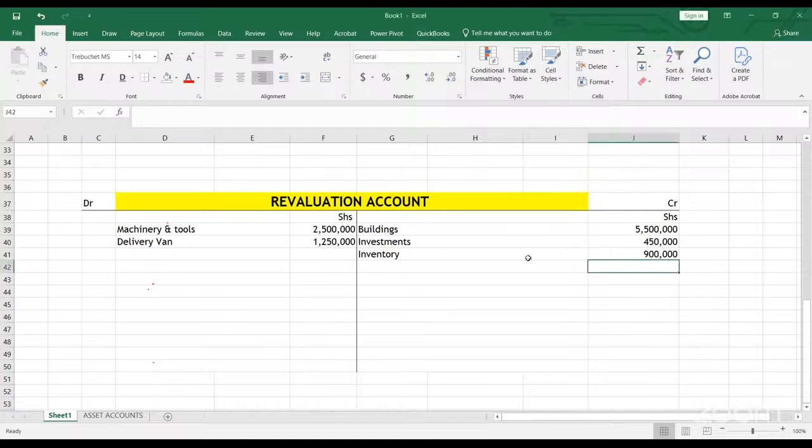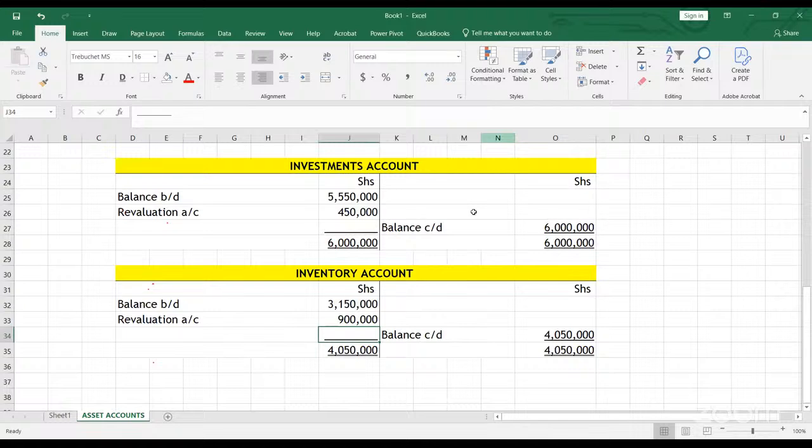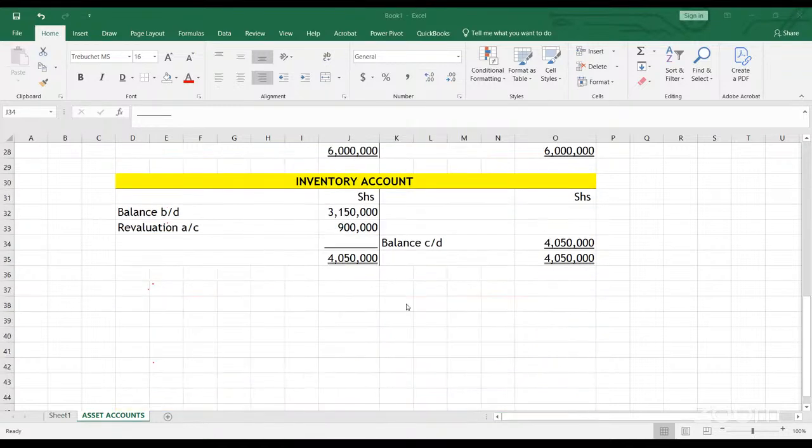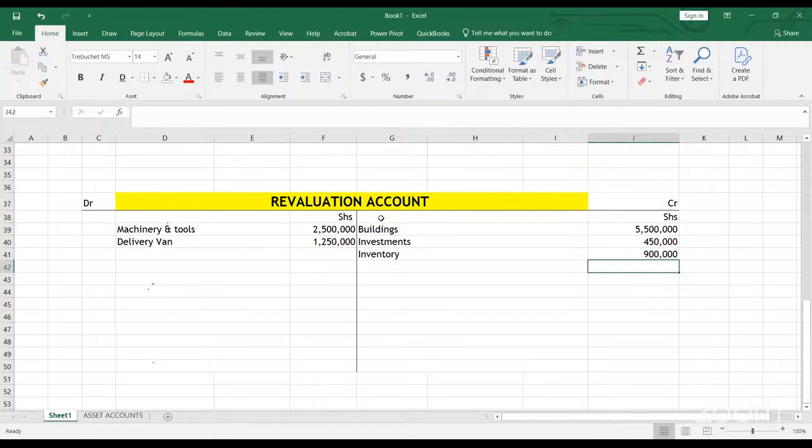So we have managed to come up with the different accounts, with the gains and losses. You take them to the revaluation account.